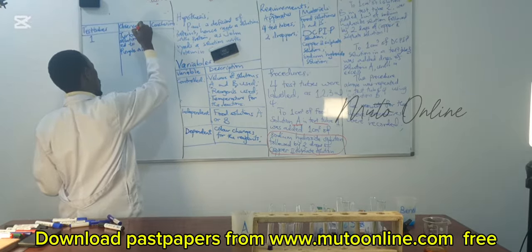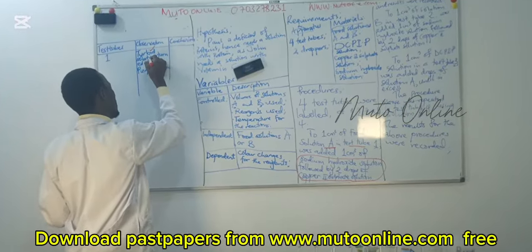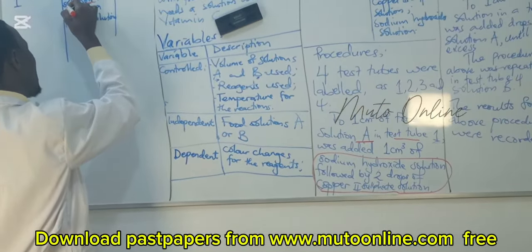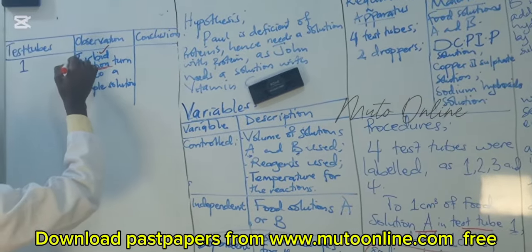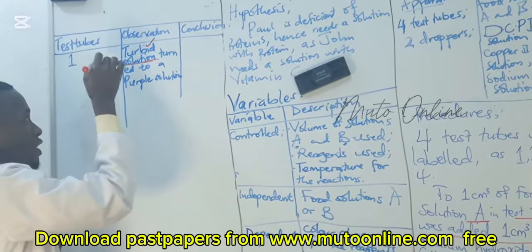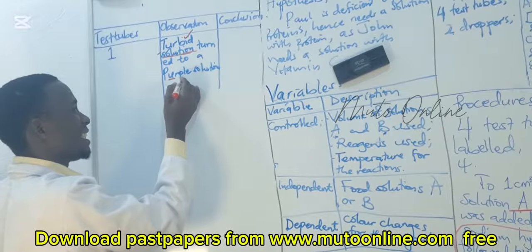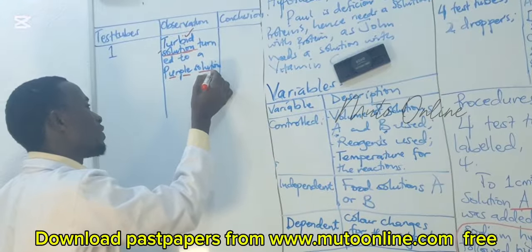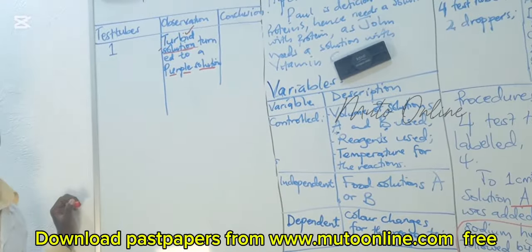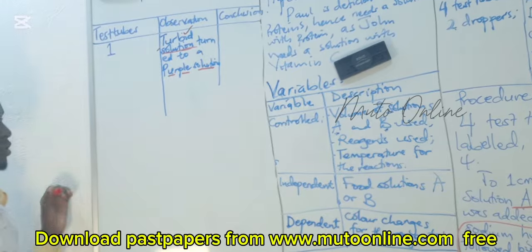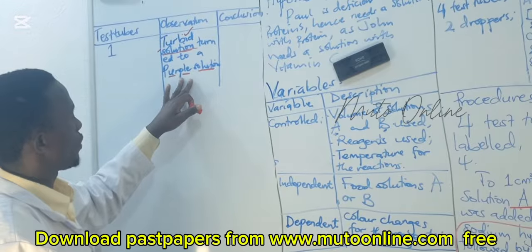The nature will be scored, and the color will be scored if you state the nature of the product. The nature is a solution. It may either be a precipitate or a solution. So even here, as you're stating the color that it is purple, don't forget to state the nature of the product. The product is a solution. So it is a turbid solution turns to a purple solution.